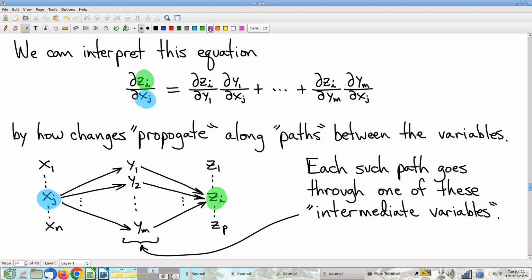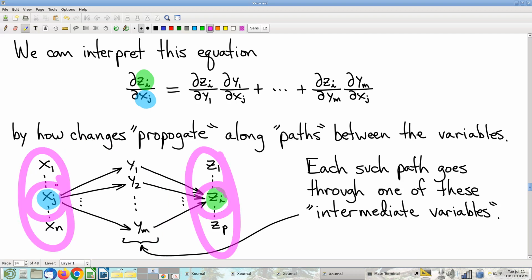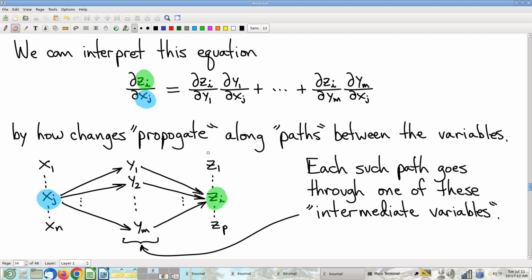You can see I have a composition. The z variables are functions of the y's. The y variables are functions of the x's. Right? And all together, I'm interested in a composition, one of the output variables, and how its changes relate to the changes of one of the input variables. Okay.